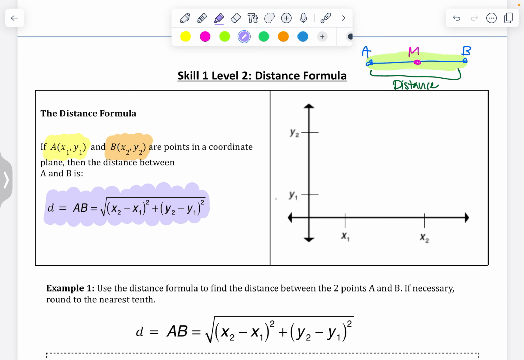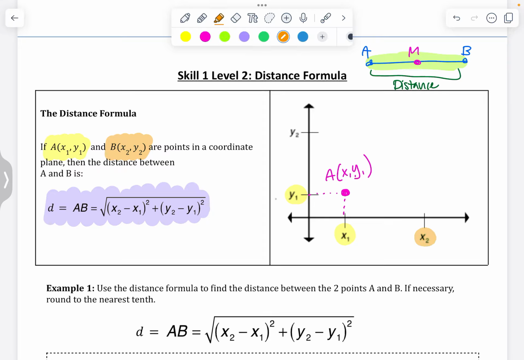Let's take a look at it. Point A is made up of x1 and y1. So here is x1, here is y1. From these points, let's see where they meet. They meet right here. So this is point A, x1, y1. I'm going to do the same thing with point B. Point B is made up of x2, y2.